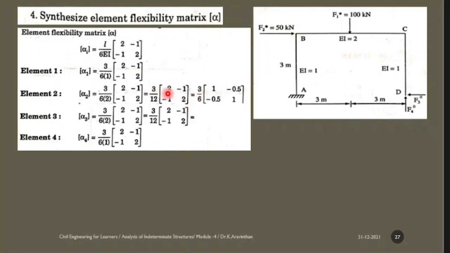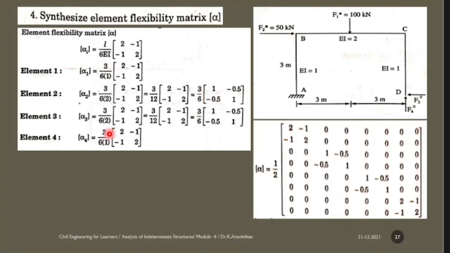Multiplying 2 into 1 by 2 gives 1, and 1 into 1 by 2 gives minus 0.5, and likewise you can make it a common factor. So now you will get 1 by 4 into 1 by 2. So the common factor will be 3 by 6. The same way you multiply it by 0.5, that is 1 by 2. At every factor you will get 3 by 6 as common. Now you have 3 by 6 at all the elements.